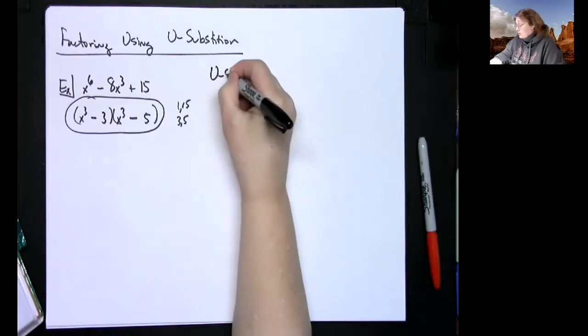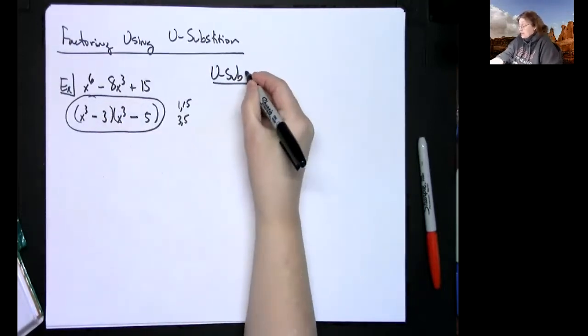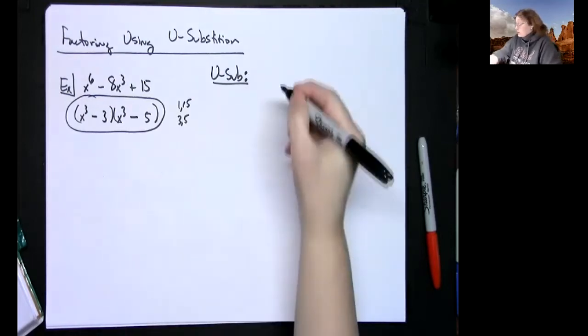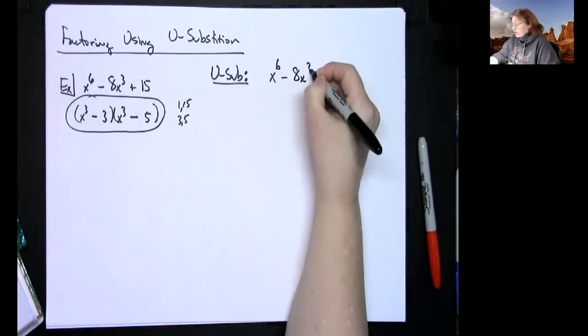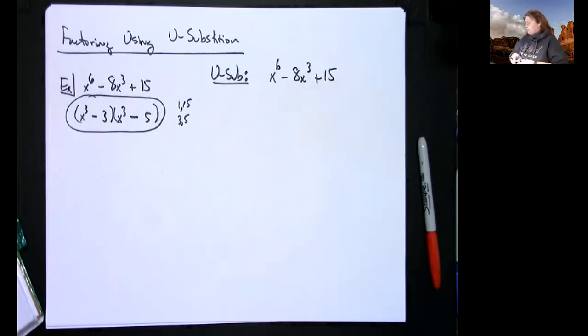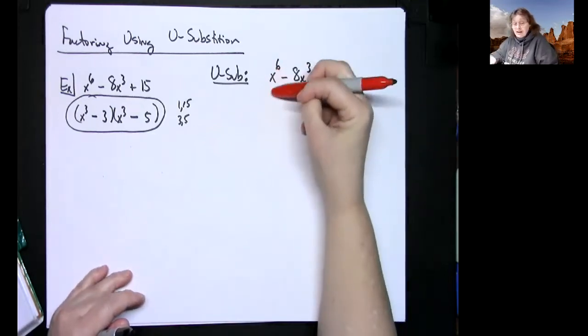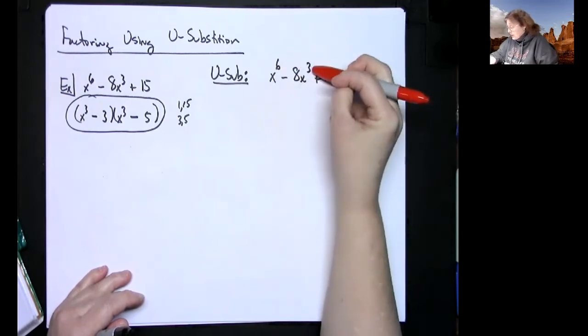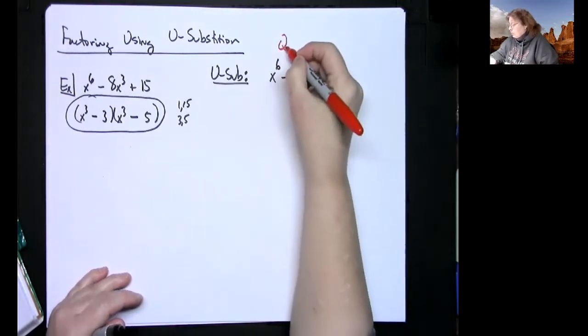Now let's do a U sub on this same problem, and do it because it's easy. So let's start out with the x to the sixth minus 8x to the third plus 15. I made reference a minute ago: this one is an x to the third, this one is an x to the sixth. 3 is half of 6, so this is in quadratic form.